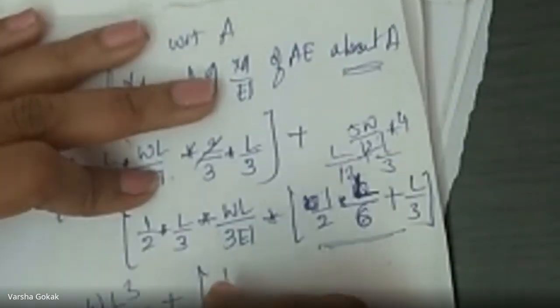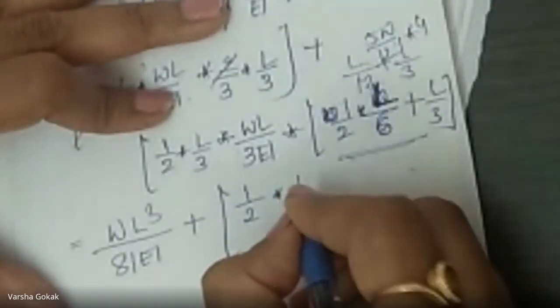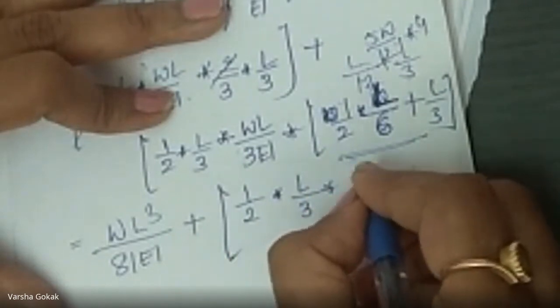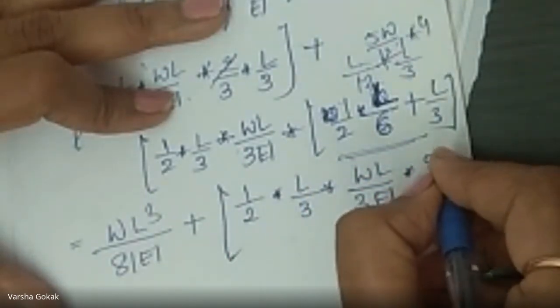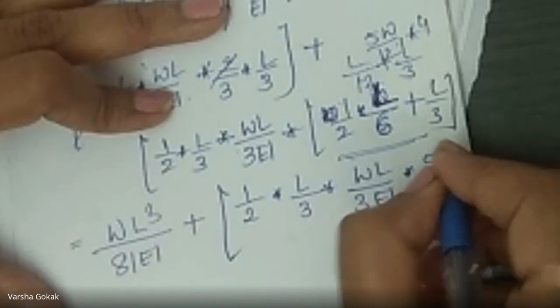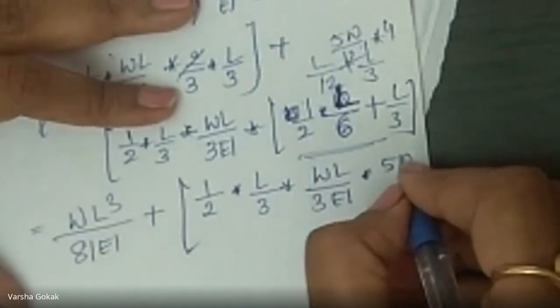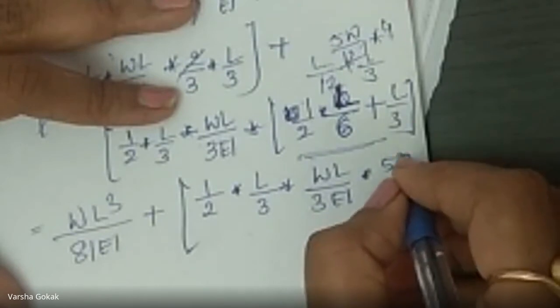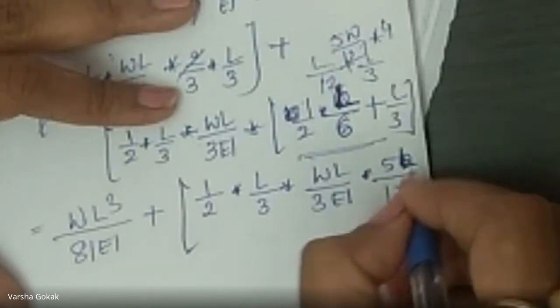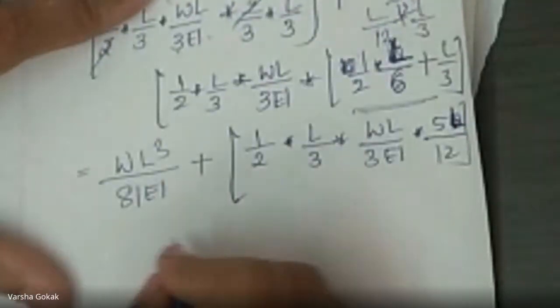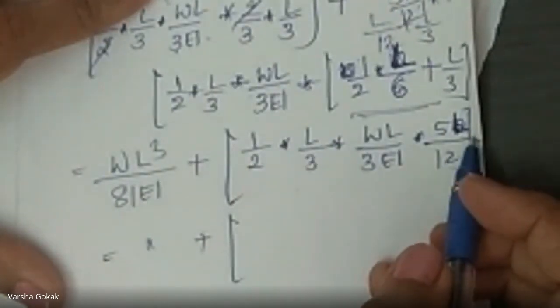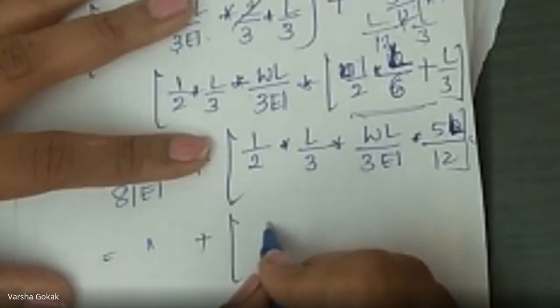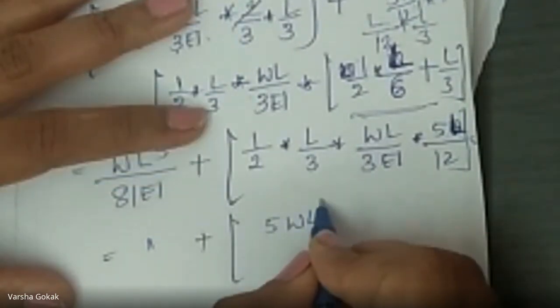So half into L by 3 into WL by 3 EI into 5L divided by 12. Simplify. W will not come. This is as it is. Anything goes? No. So 5 times WL raised to 4.